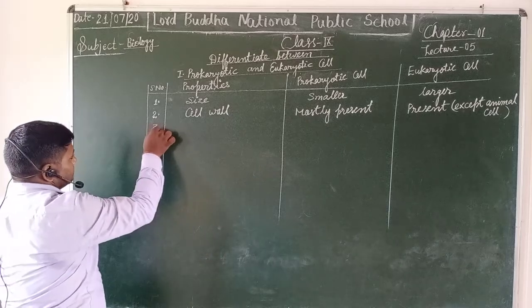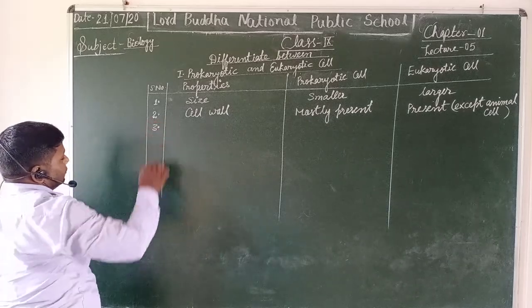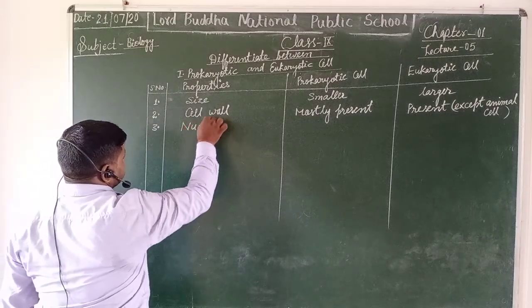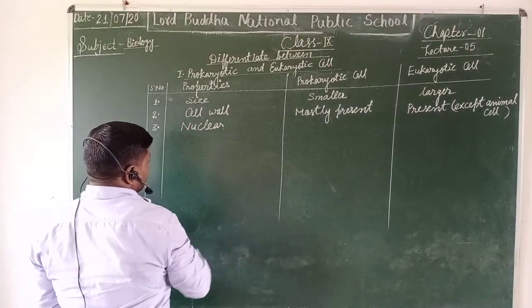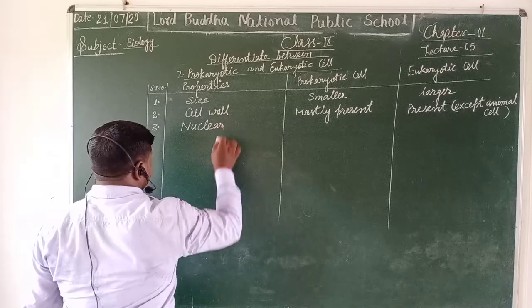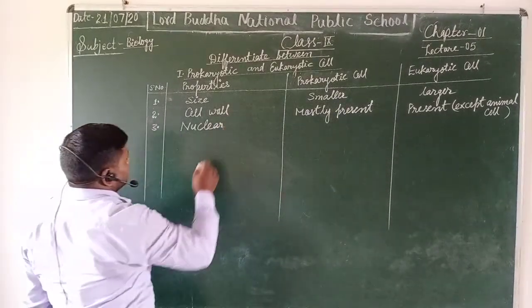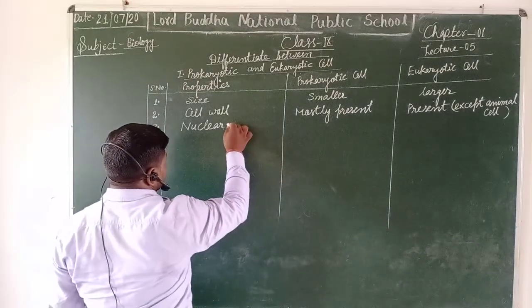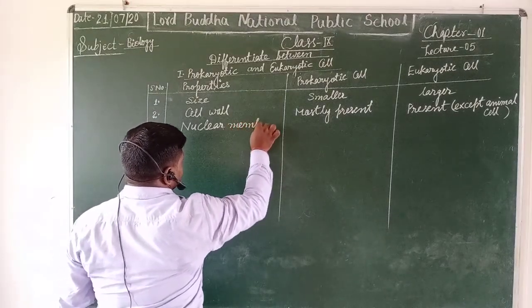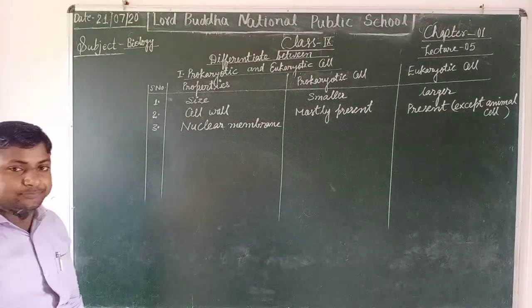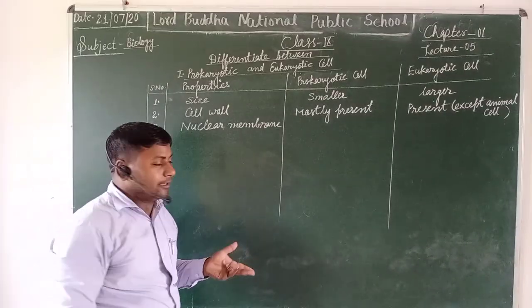Another property we should take is the nuclear membrane. It is the most peculiar differentiating property among the prokaryotic and eukaryotic cell. In prokaryotic cell, the nuclear membrane is absent.